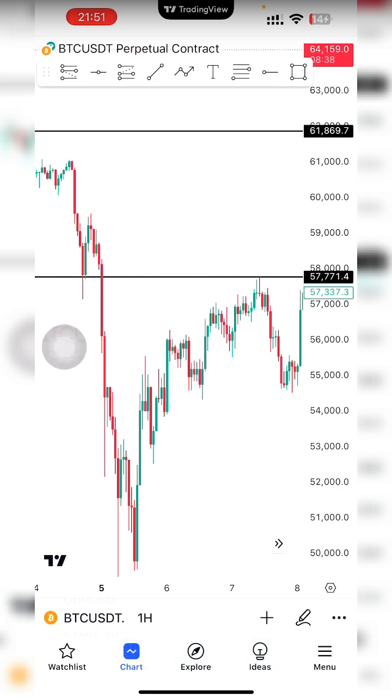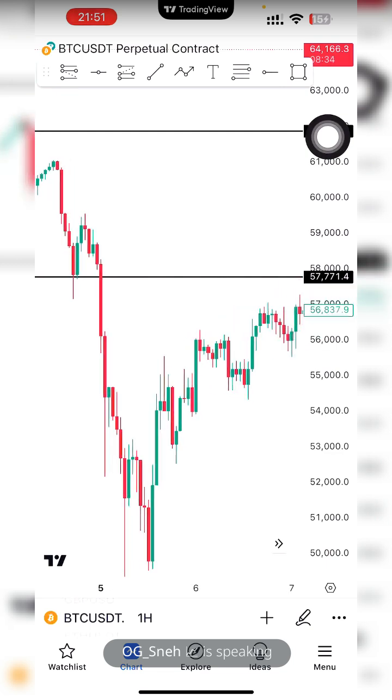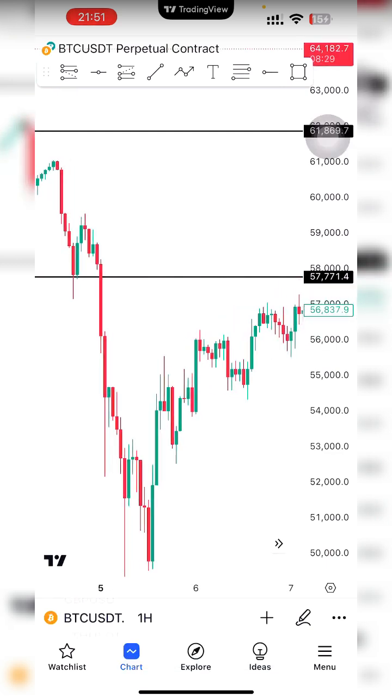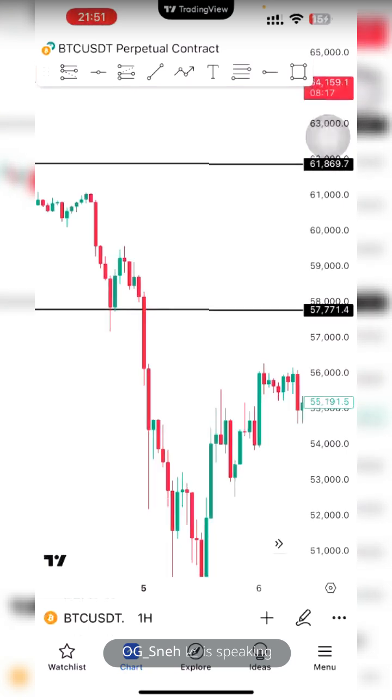What I'm going to teach you today is mapping out as many order blocks as possible, because I understand that for most people this used to be like magic. It's normal, you are just getting introduced to it for the first time.